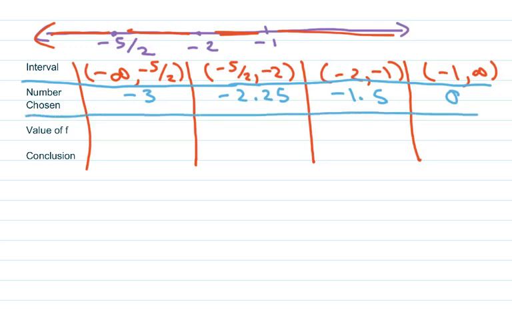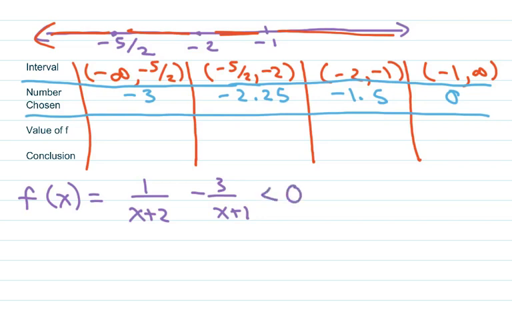So when you plug in your values into your function, again, your function was f of x equals 1 over x plus 2 minus 3 over x plus 1, and we want this to be positive.